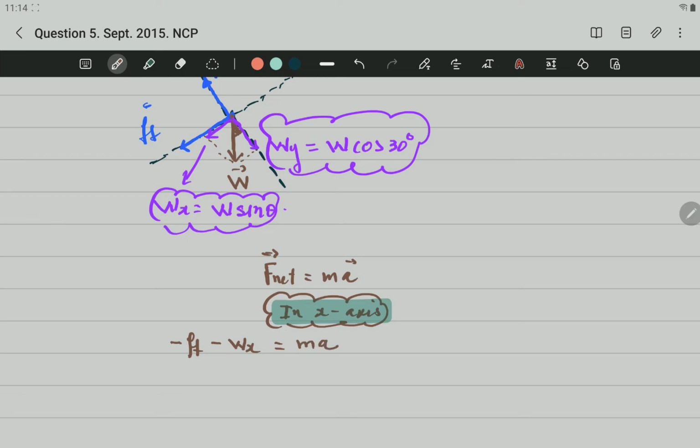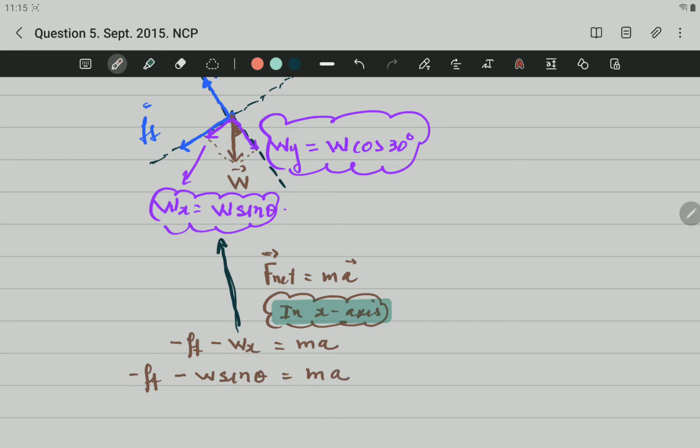We have the weight in x. There is the formula for weight in x, so we can substitute it in here, and let's do so. We have minus frictional force minus weight in x, which is equal to weight multiplied by sine theta, is equal to ma.